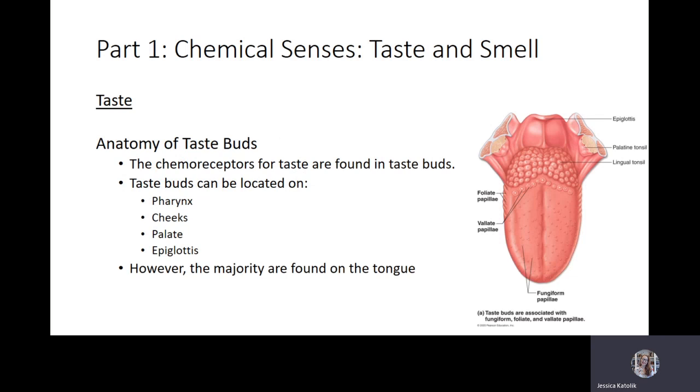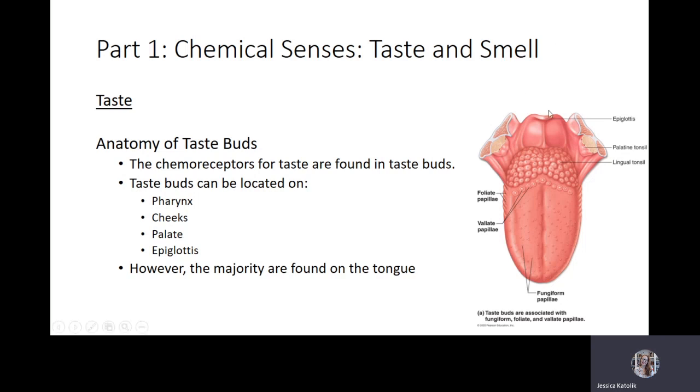First and foremost, I wanted to talk about taste buds. Taste buds are going to be the location where the chemoreceptors are found, and they're the specialized organ that facilitates tasting or gustation. Taste buds can be found in many different areas: the pharynx, which is the back of the throat, the inner lining of the cheek, the palate, which is the roof of our mouth, and even the epiglottis.